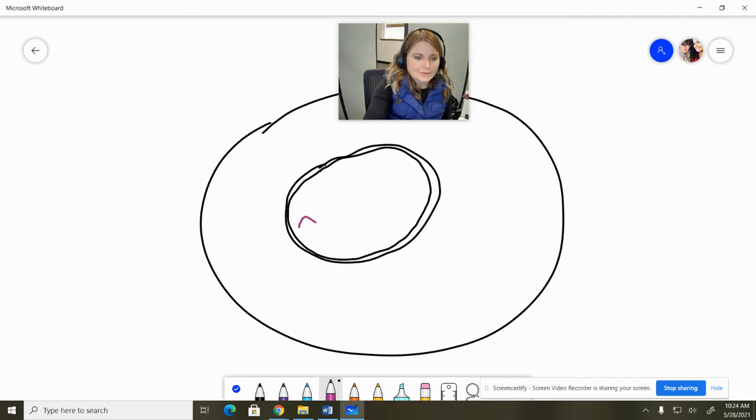I've been playing with how to draw this better because my pictures are so terrible. It's getting a little better. There we go. As you can imagine, that's just one tiny little piece of a strand of DNA.